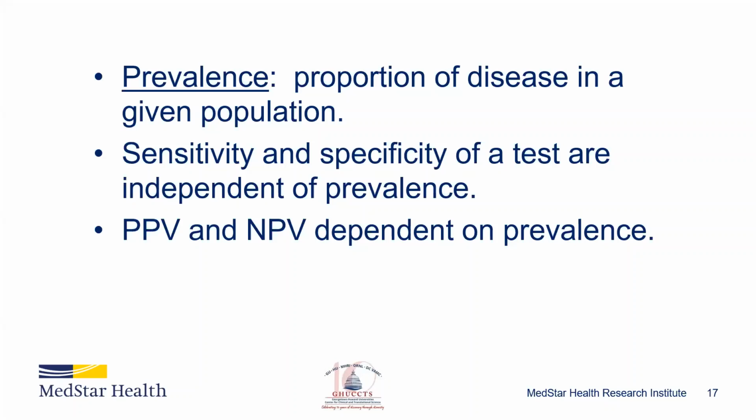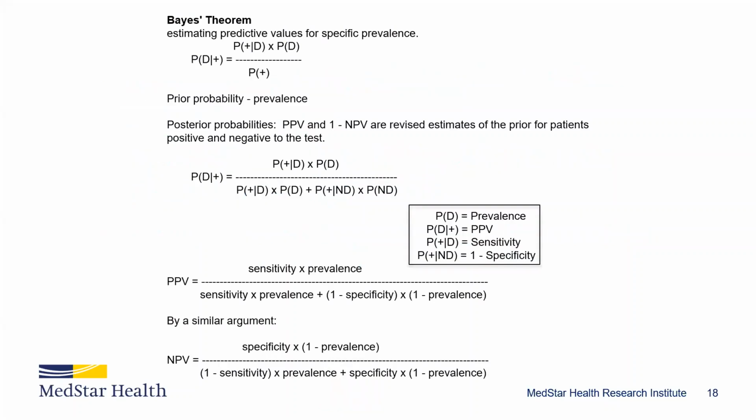However, the predictive values, both positive and negative, are dependent on prevalence. And so in terms of applying Bayes' theorem, and I'm not going to go through the derivation here, we can use Bayes' theorem for updating our predictive values based on the prevalence, both our positive predictive and our negative predictive value.